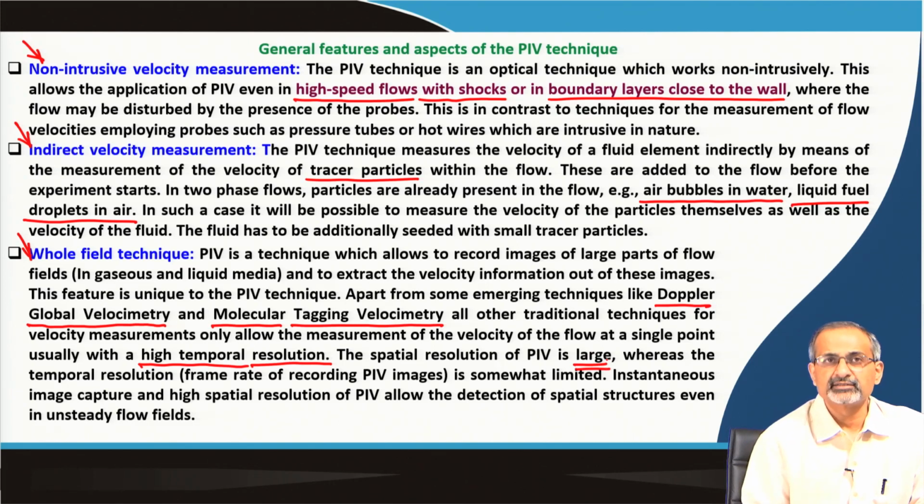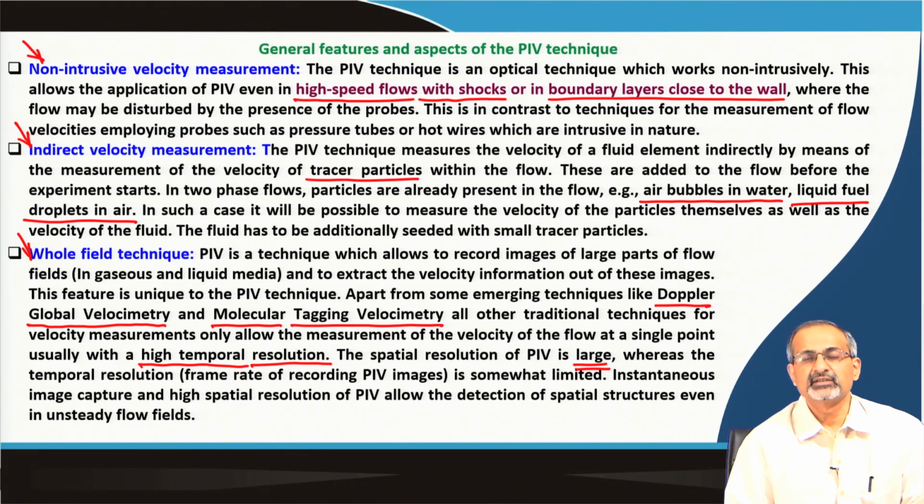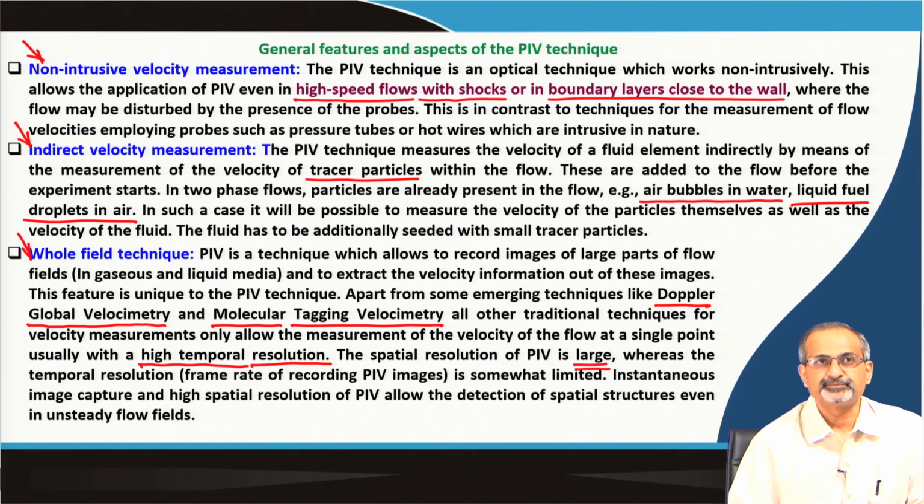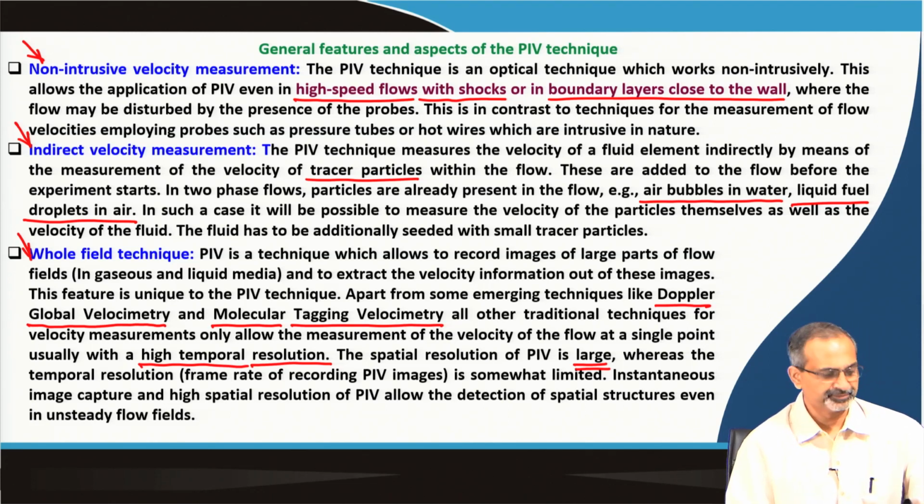However, the temporal resolution, that means the frame rate of recording the PIV images, is still somewhat limited, restricted by technology limitations. Instantaneous image capture and high spatial resolution of PIV allows detection of spatial structures even in unsteady flow fields, but in future, if the image acquisition rates are enhanced further, then temporal resolution of PIV could be further improved.